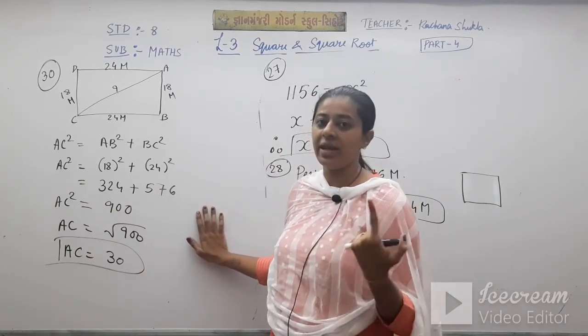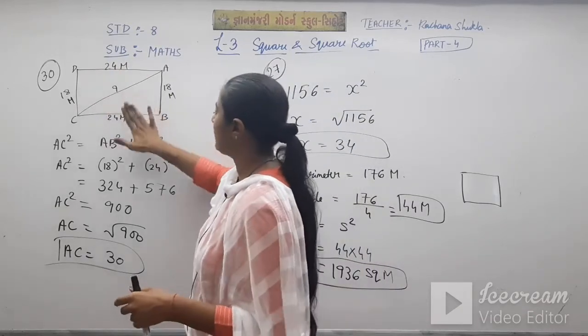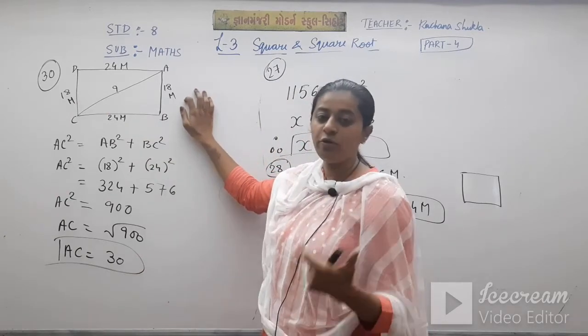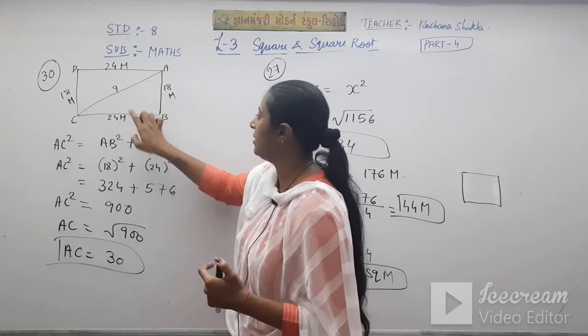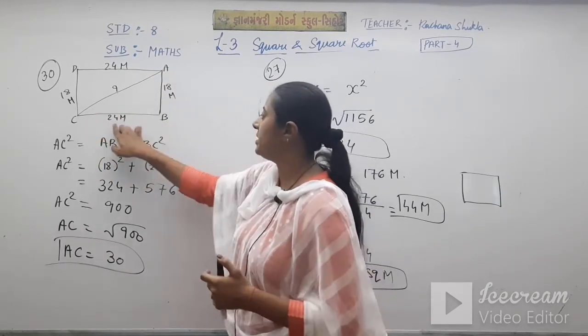Once again I will explain you. In the rectangle, length and breadth is given. Length is 24, breadth is 18. And you have to find out the hypotenuse. So you can see a right angle triangle and AC square is equal to AB square plus BC square.